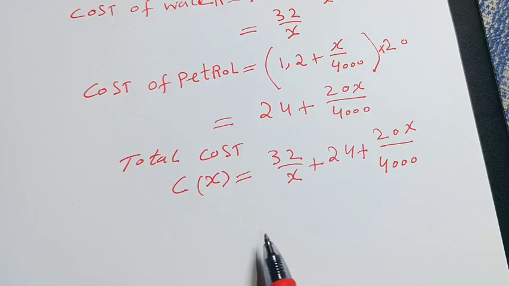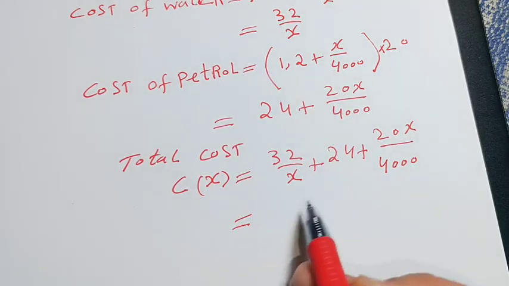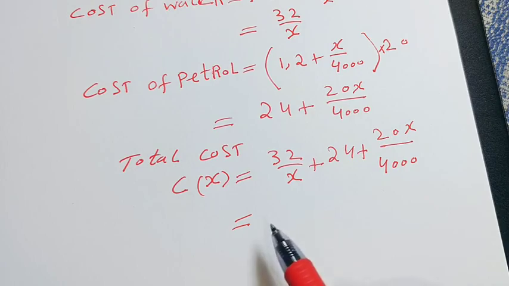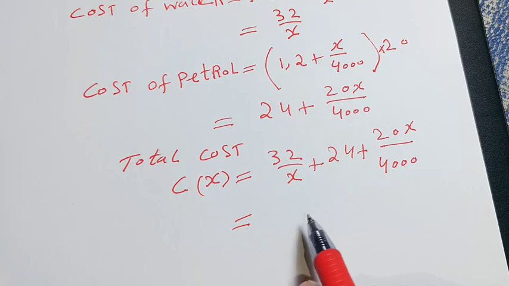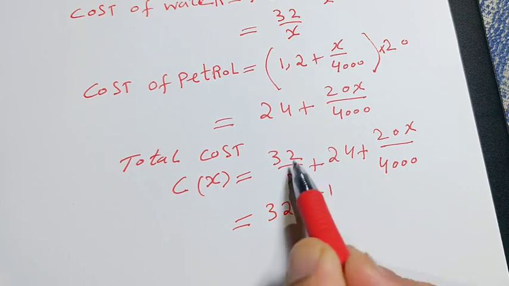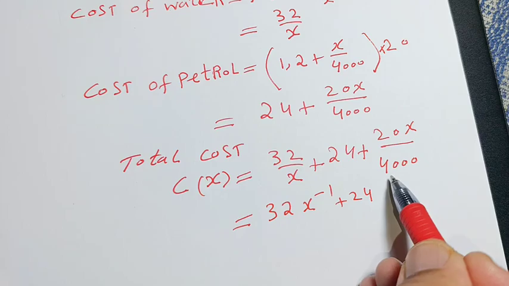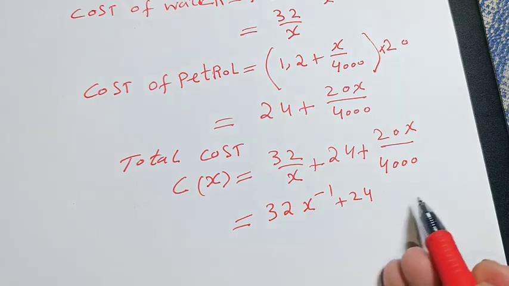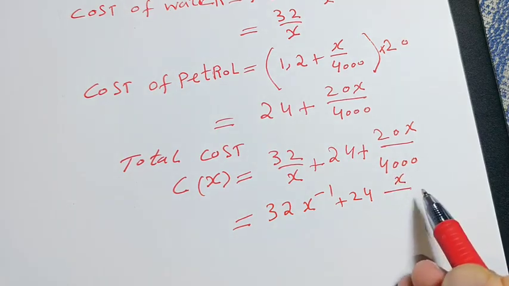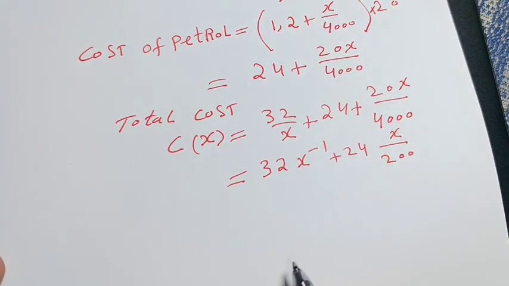I can simplify here because I need to apply the first derivative. So 32 times x to the power negative 1, plus 24, and I can simplify this to x over 200. Now I've got the function here.